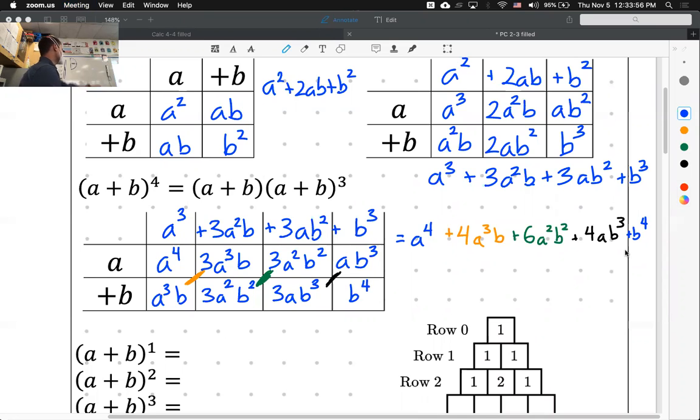Here's B, it's like nothing. And it's B to the 2, it's B to the 3, it's B to the 4. And then it's like the same with the A's. 4, the 3, the 2.